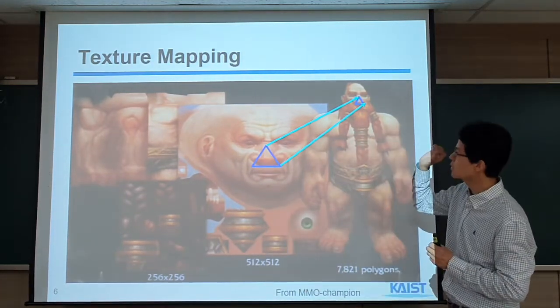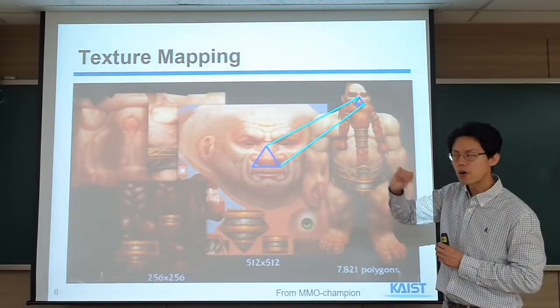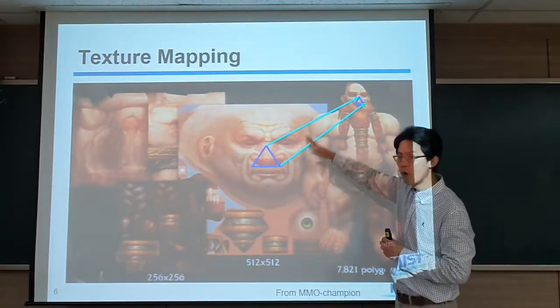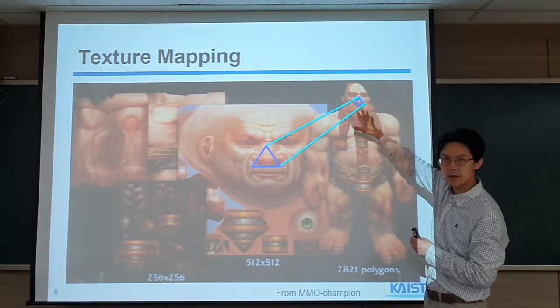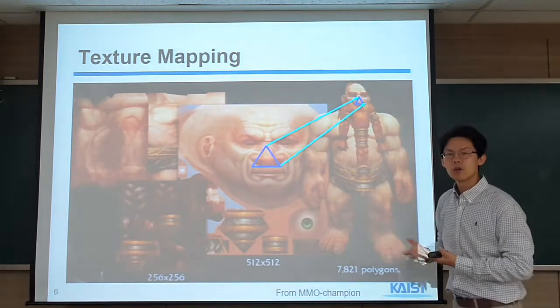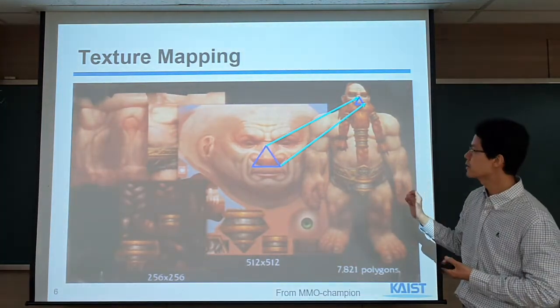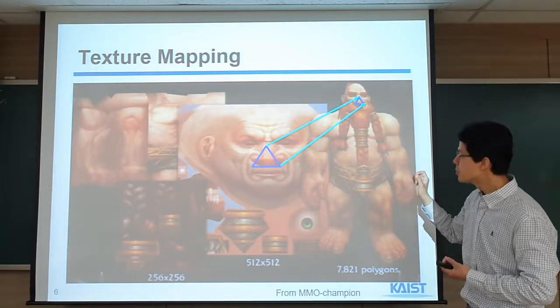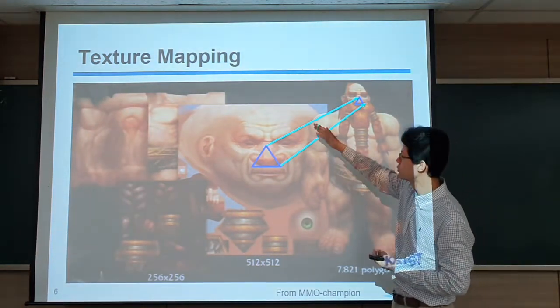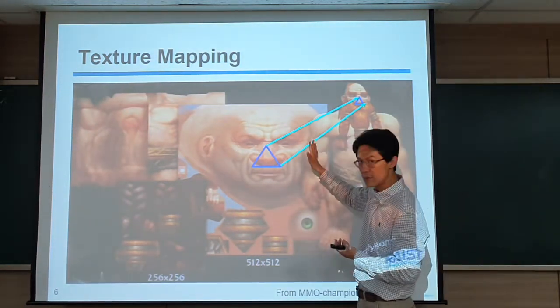It is much easier to draw this kind of detail in 2D than in 3D. Actually, there is a lot of research going on for drawing details in 3D space, but it is much more natural to draw the details in this 2D image, right?